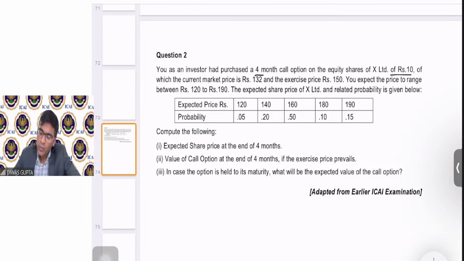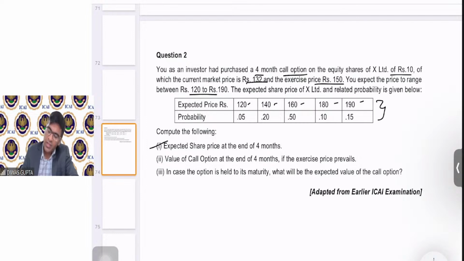The current market price is 132 and the exercise price is 150. You expect the price range to be between 120 to 190. The expected share price of X Limited and the related probability is given as below: 120, 140, 160, 180, and 190. So from 120 to 190, the range is given, the probability is also given, and they've given the exercise price as well.